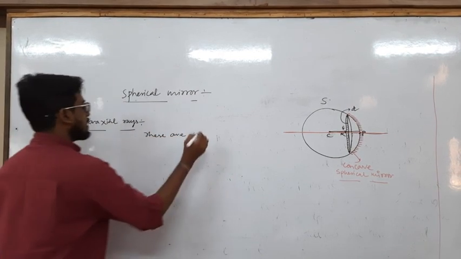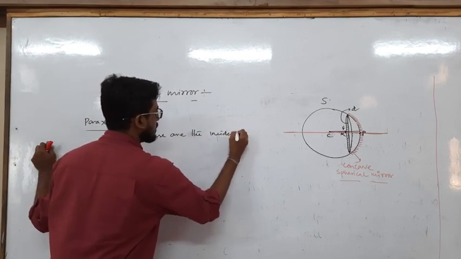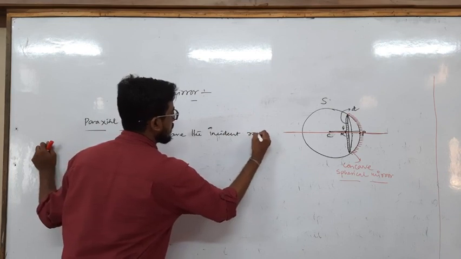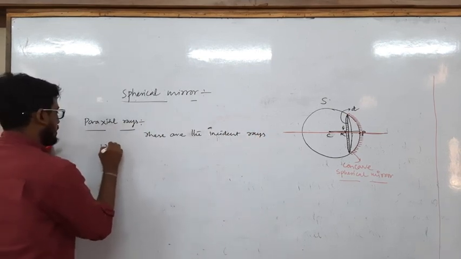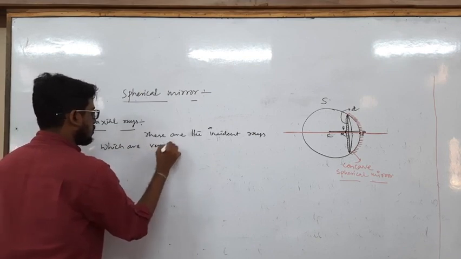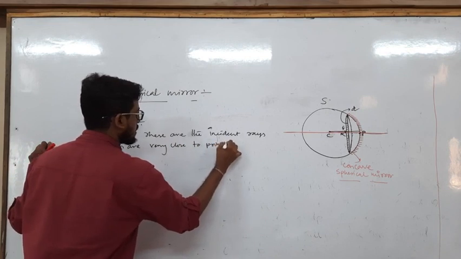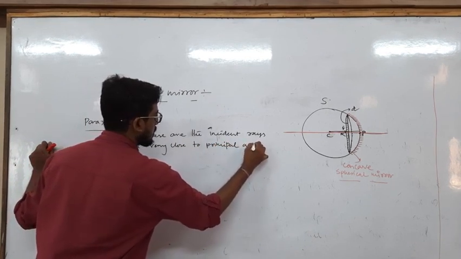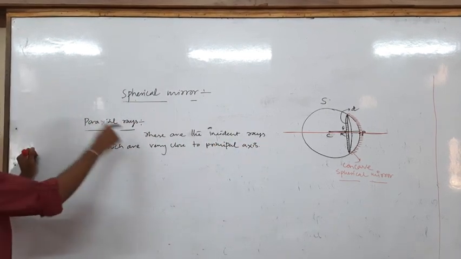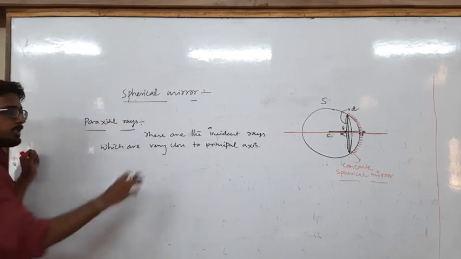So paraxial rays are the incident rays which are very close to principal axis. Okay, so paraxial rays, these are the incident rays which are very close to principal axis.